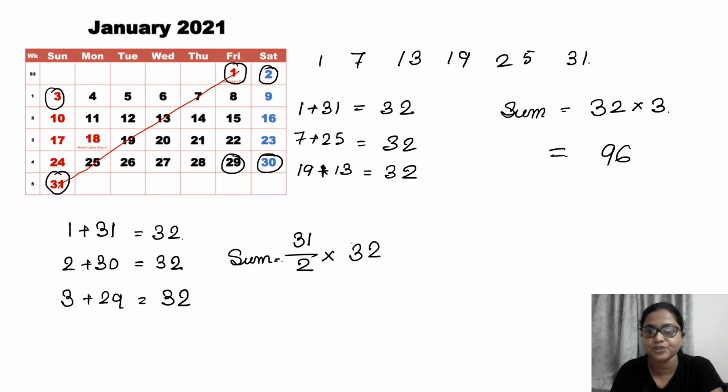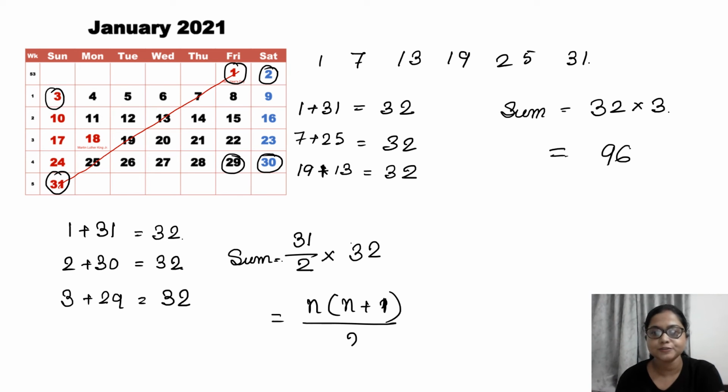So we are getting the formula for finding the sum of an arithmetic progression from the calendar sheet, and that is n into n plus 1 divided by 2, where n here represents 31. So this would be the sum of n natural numbers.